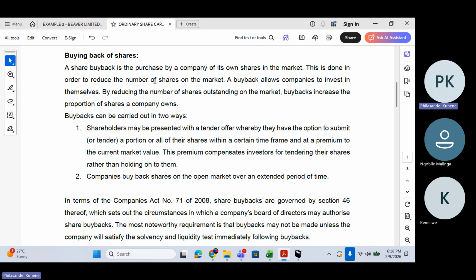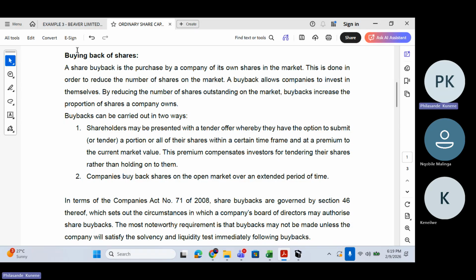We only issue shares if we need capital, if we need money for operations. Then we're going to operate, make profit, obviously. There will be a return on that investment and all of those things. Then we can buy back our shares, take our shares back and give the public their money.